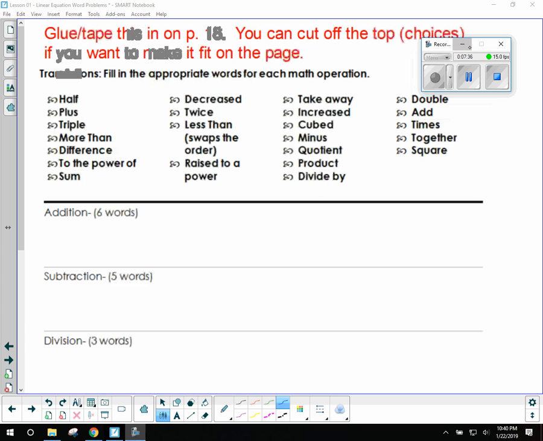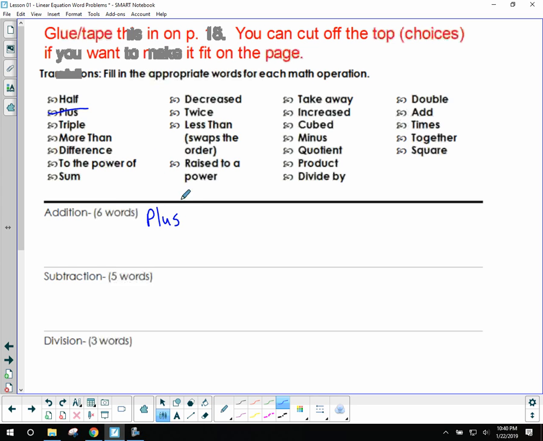Alright, we're back. Let's find out all the addition words. Yep. Plus is one of them. More than. Let's see. Sum. Let's see. Increased.